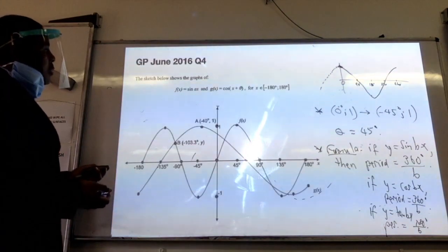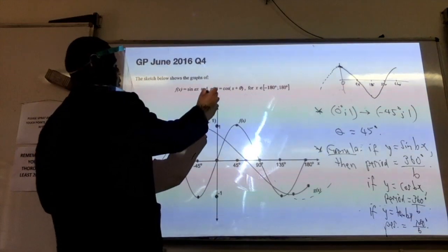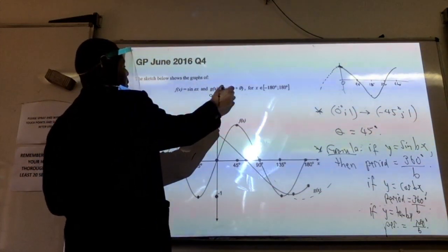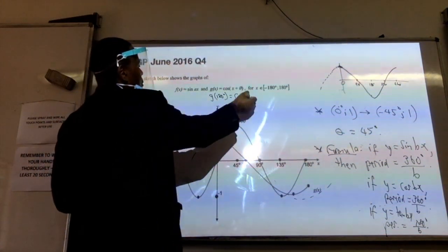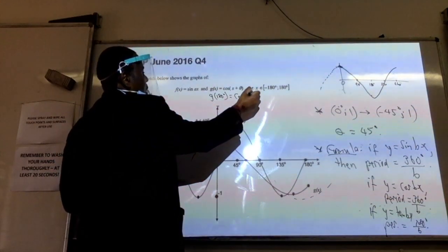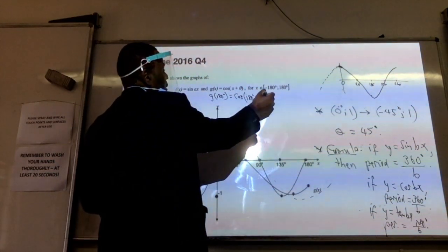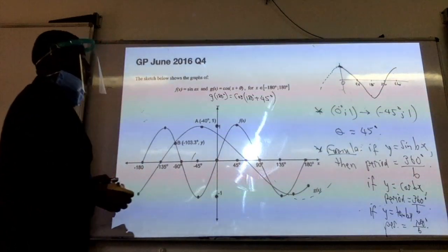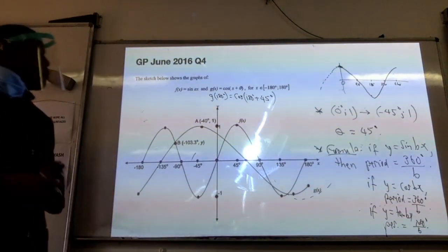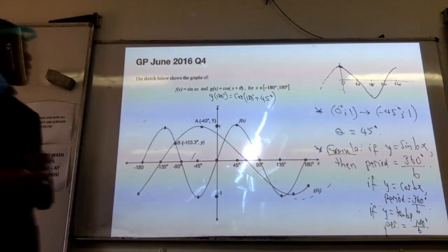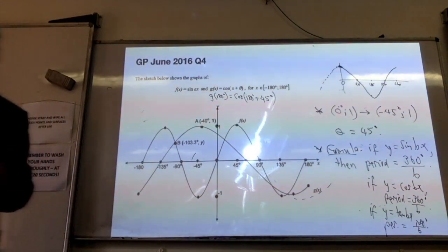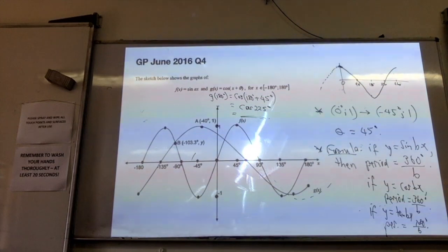Okay, so if you do that, g of 180 degrees should be equal to cosine of 180 plus 45, which is the cosine of 225, and you can use your calculator. What's the answer?